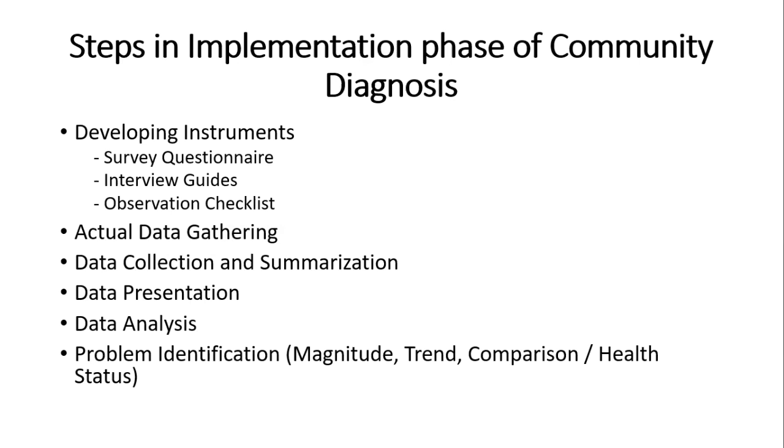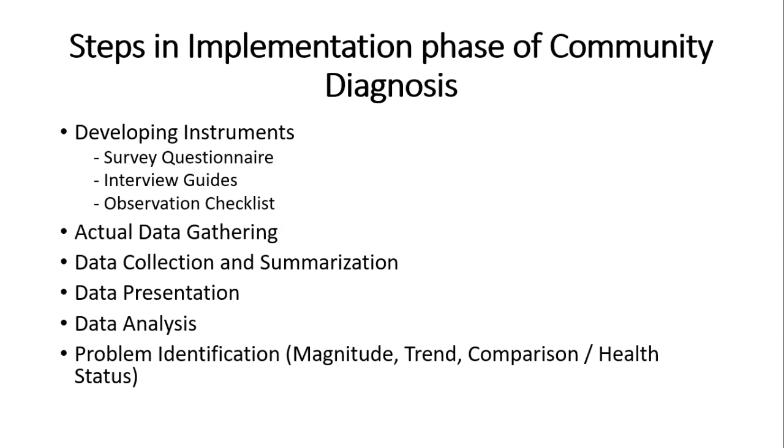So once the data is collected, the data has to be gathered, and then accordingly that data has to be summarized and presented in the form of infographics. Data analysis has to be done, and then once that data is analyzed, you will come to know what the problems are which have been identified in terms of number, as I said, magnitude.